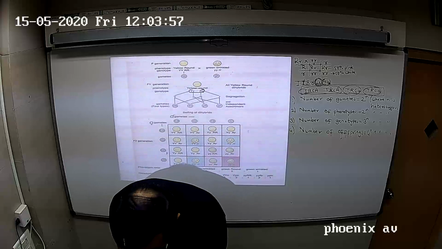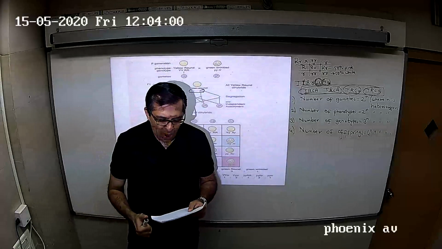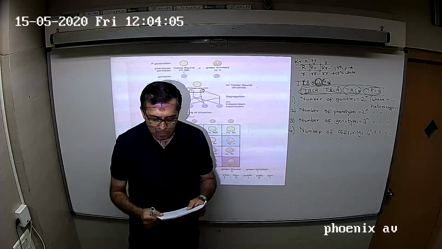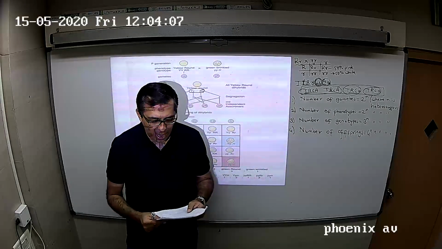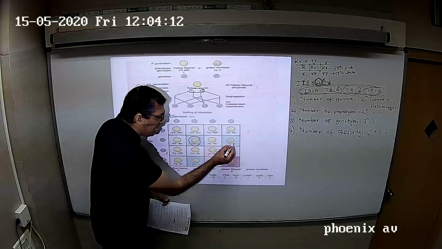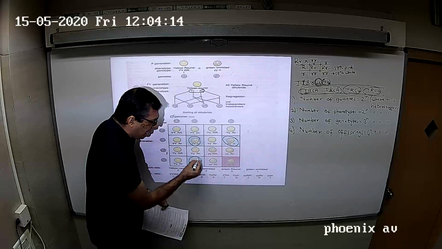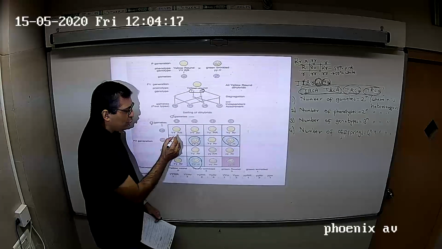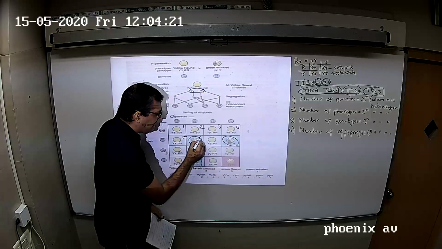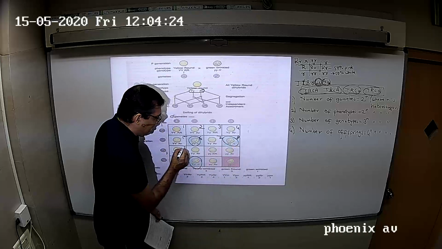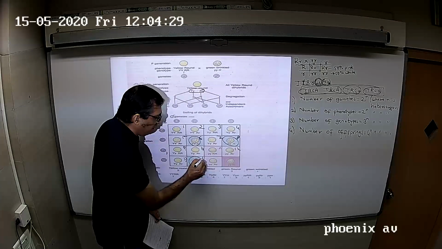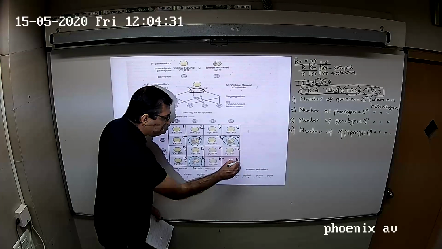Then we have question number 4. In the Punnett square, which squares will give yellow and wrinkled seeds of Pisum sativum? Which are yellow and wrinkled? This is yellow wrinkled, this is yellow wrinkled, this is yellow wrinkled. And we remember in the lecture we had labeled the squares 1, 2, 3, up to 16.